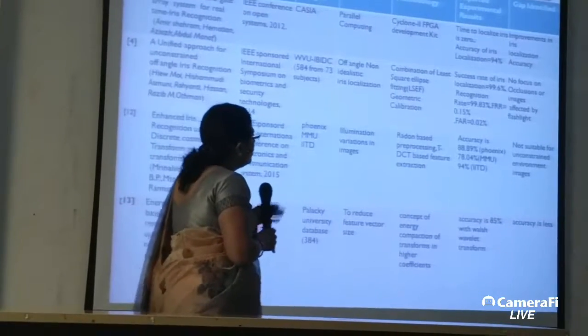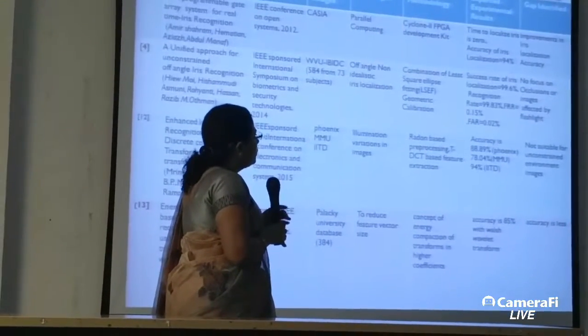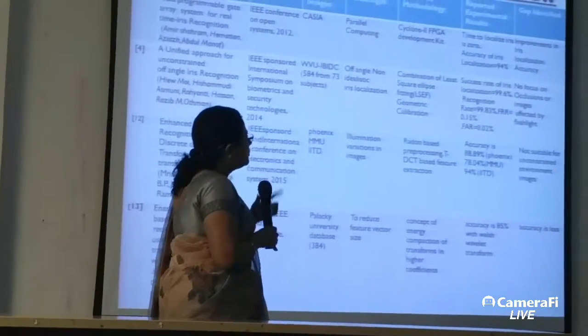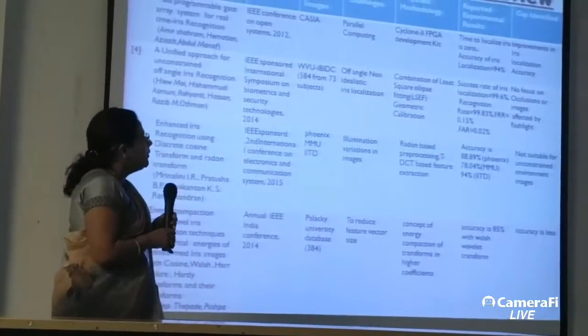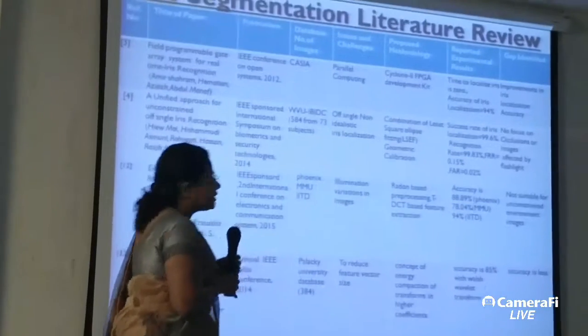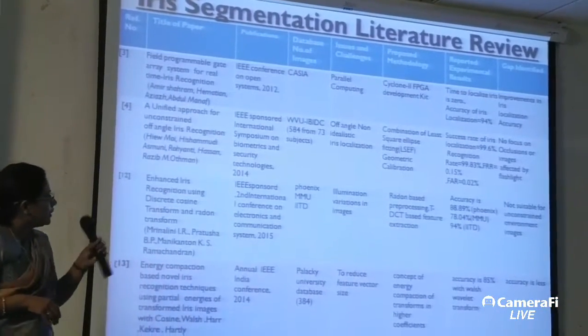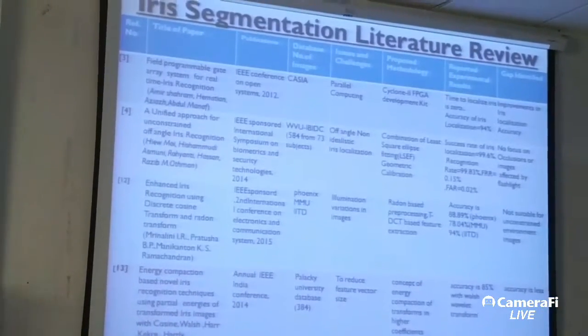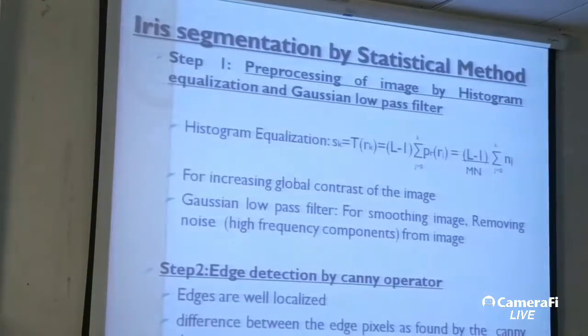So they got a very good success rate of iris localization, up to 99.6%. But they have not focused on occluded images and also the images which are affected by the flashlight. So a number of methods are there which are conducted for iris segmentation.